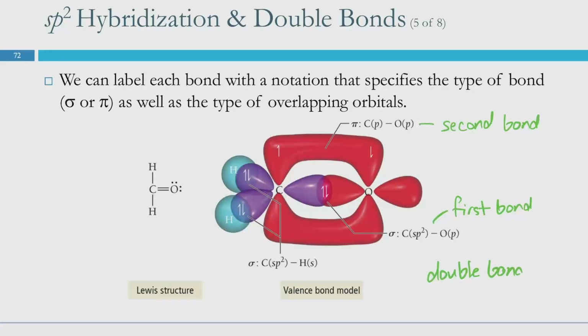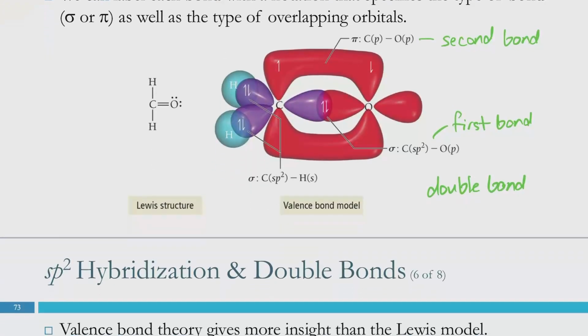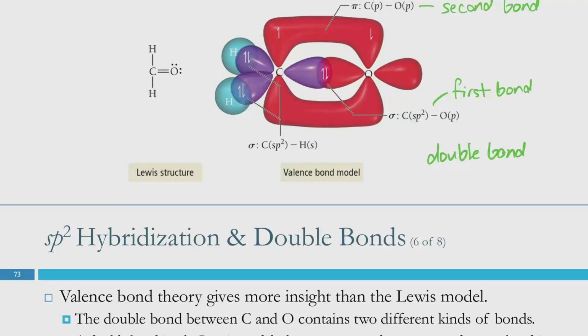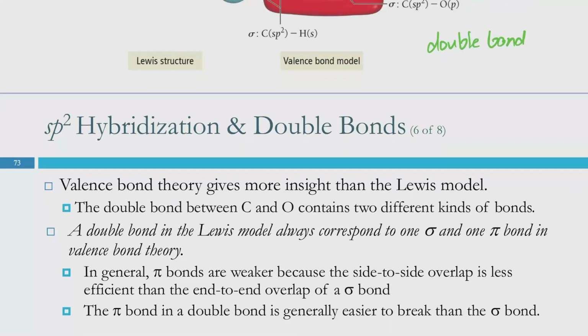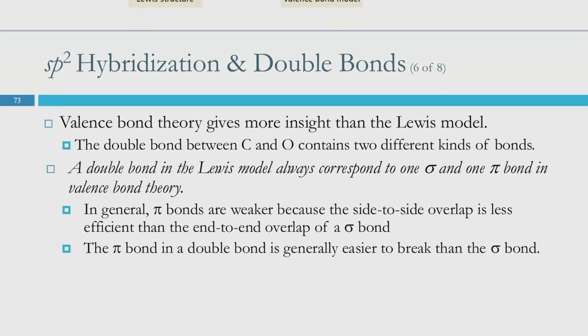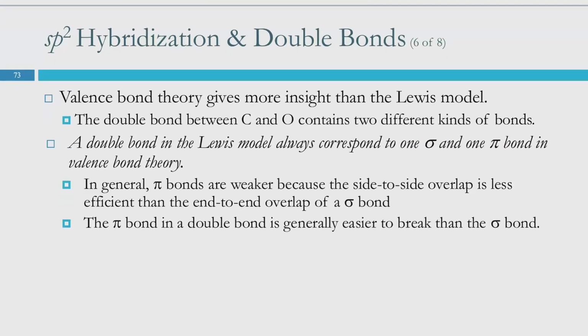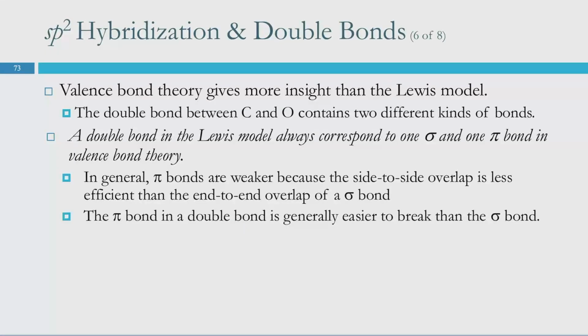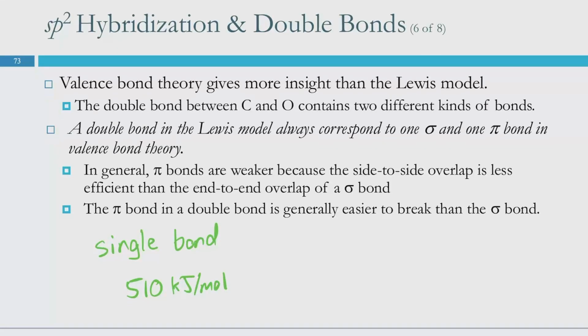And there's some fun features, as it turns out, about double bonds, other than they're a sigma and a pi. Because the double bond contains 2 different kinds of bonds, a sigma bond and a pi bond, it makes sense that the pi bond in the double bond is generally easier to break. So let's say that the single bond has 510 kilojoules per mole to break.